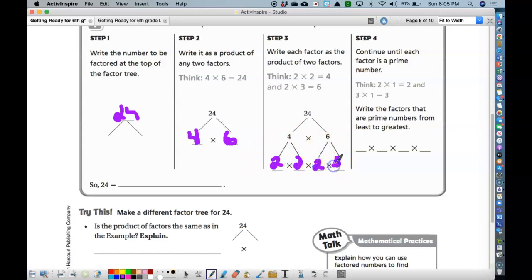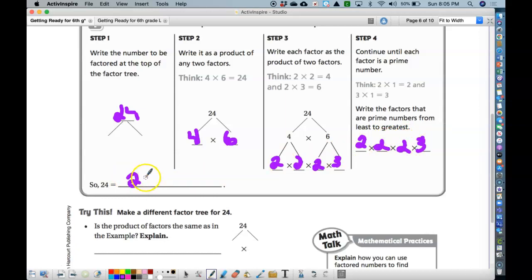If you're really struggling with this, you need to get a multiplication chart to help you. And then we're going to write all of the numbers in a line. 2 times 2 times 2 times 3 does equal 24, because 2 times 2 is 4, 4 times 2 is 8, and 8 times 3 is 24.